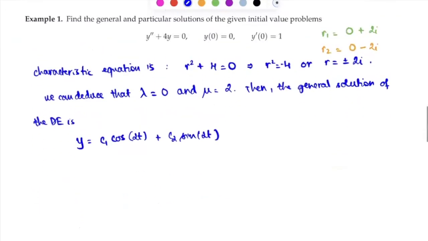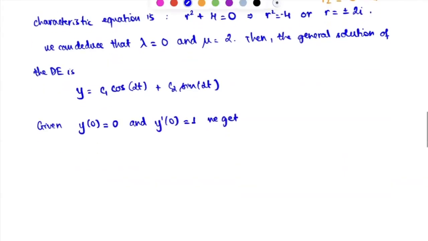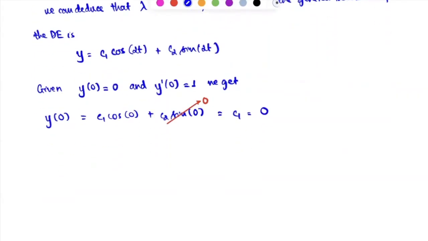Right, so given the initial conditions, y of 0 equal to 0 and y prime of 0 equal to 1, we get the following. y of 0 is c1 times cosine of 0 plus c2 times sine of 0. Sine of 0 is equal to 0, and cosine of 0 is equal to 1. Therefore, you get c1 equal to 0. Now, you're going to find c2.